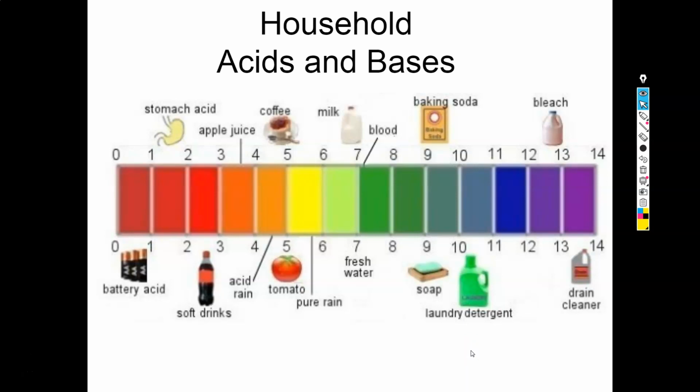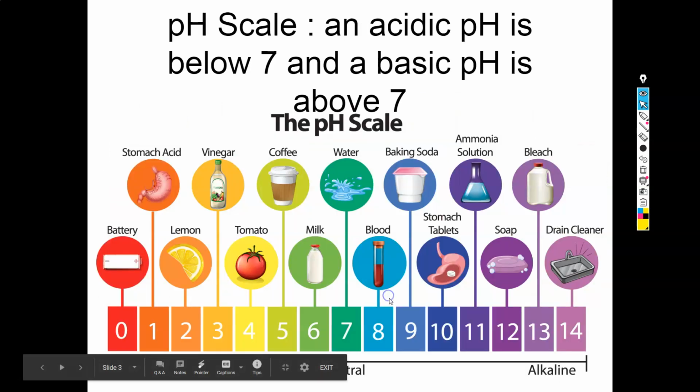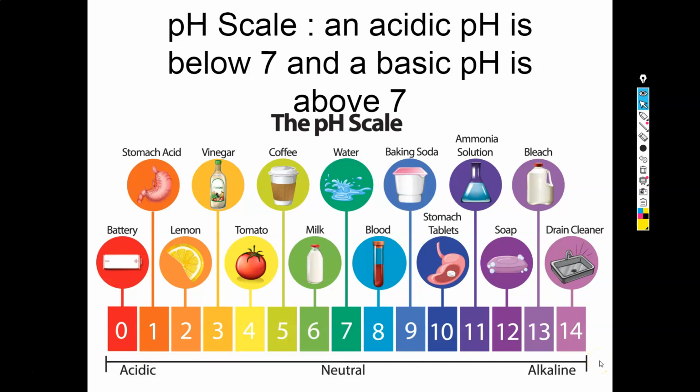In fact, our blood is slightly acidic. It falls into the 5-ish range, excuse me. When we talk about the pH scale of our acids and bases and of these household items, you'll notice that there are different colors associated with it. So you're seeing the pH color as if you would see it in an indicator.